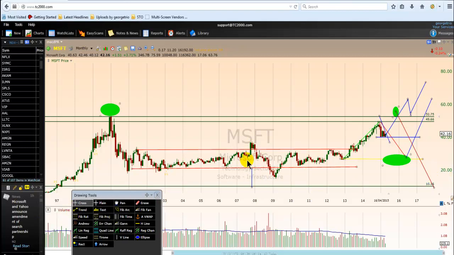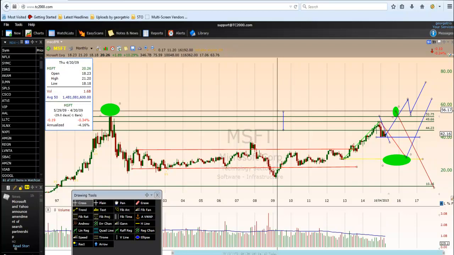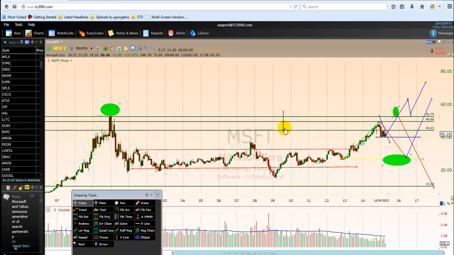You see this channel here? We project it to the upper side. Here we are, because the price breaks above it. We set targets. First target, minimum target, right there. Second target is here, above the resistance level. We will see whether the price will hit that target or not. But it's a big challenge as things stand now.